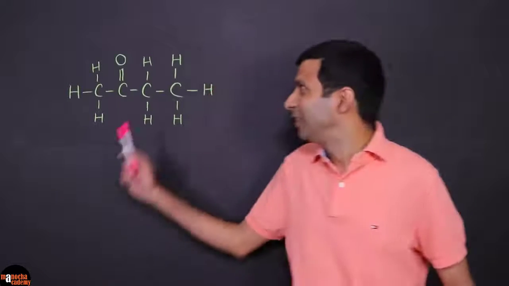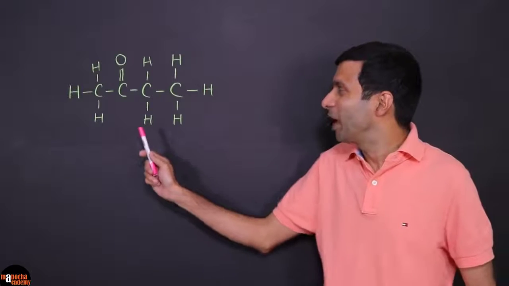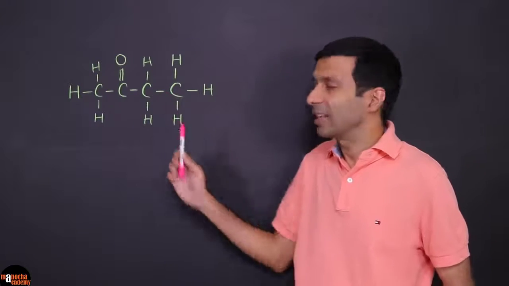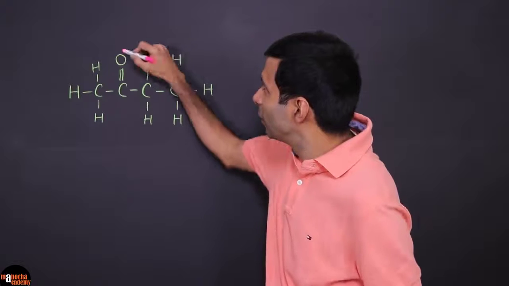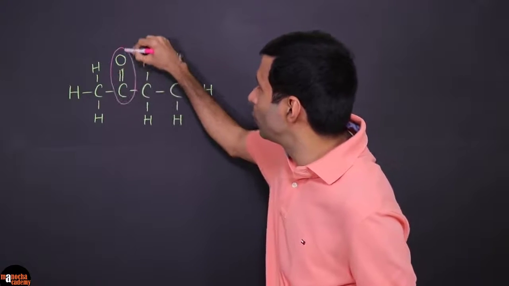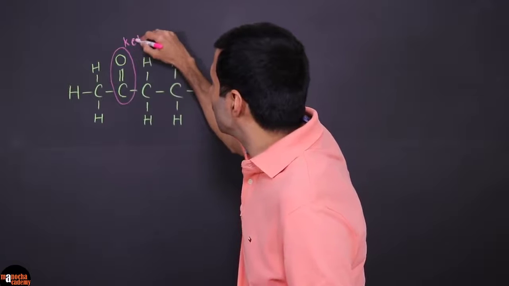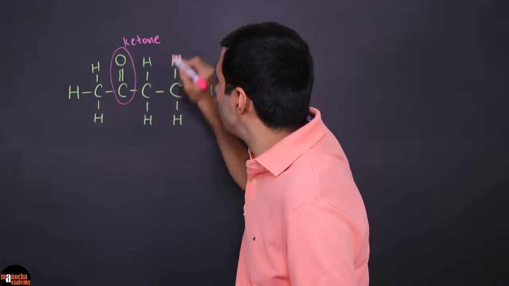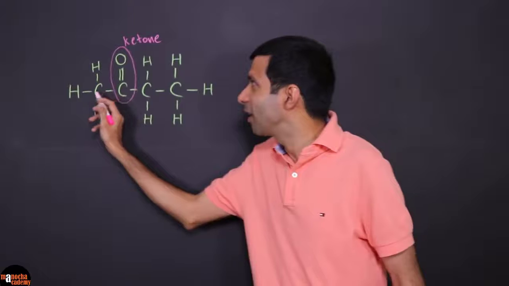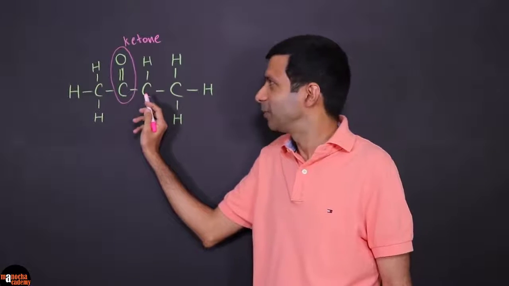Okay, let's try this one now. Here we have 4 carbons, and can you see the functional group here? What is the functional group? That's right, it's a ketone. Because you have C double bond O and carbon on both sides, right?